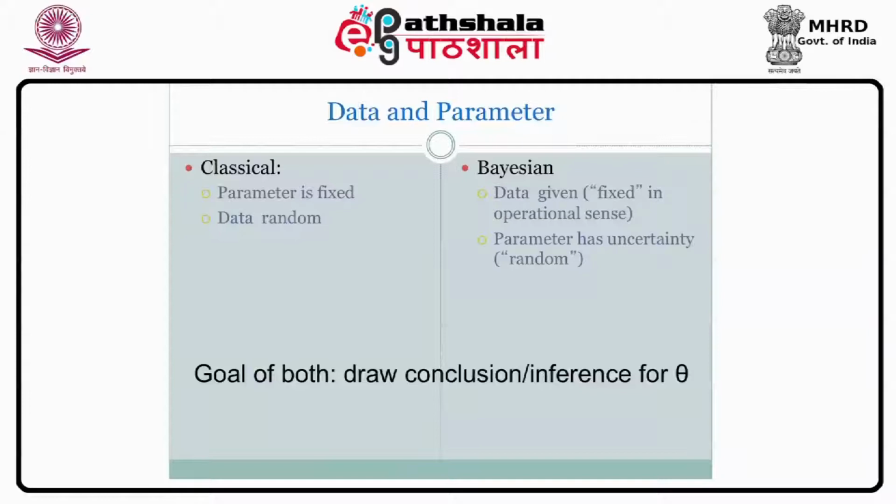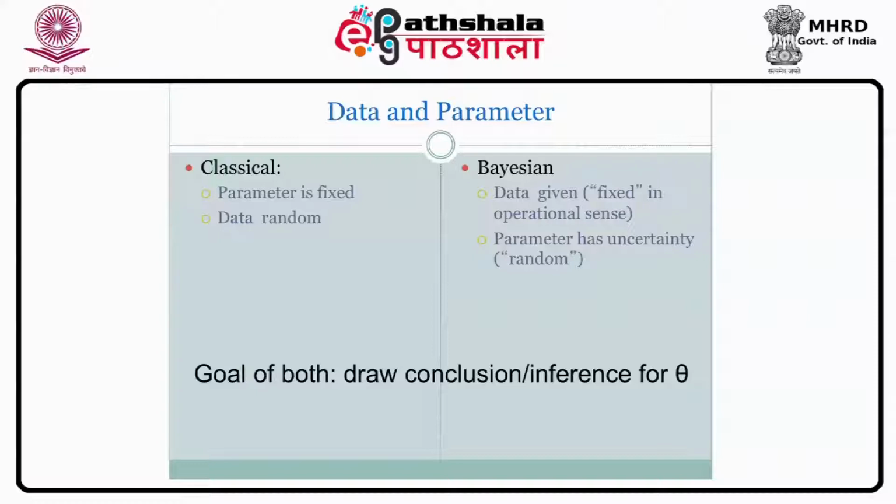Let's look at the comparison of these two techniques. In the classical technique, the parameter is fixed and the data is random. So if we have different sets of data, because data is random, then you have different inference, because the parameter remains fixed but the data varies.